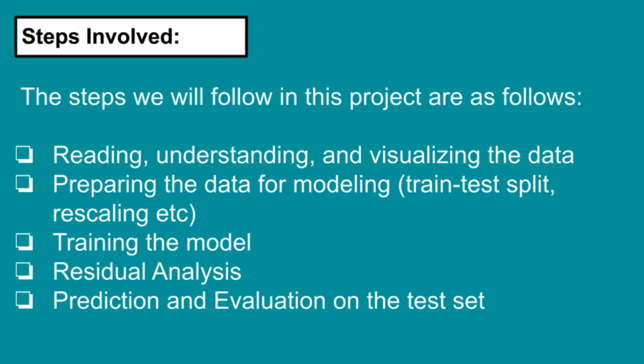Basically we'll split the data into train and test, and then we'll rescale the data to bring all the data into the same scale. And then we will train the model. In training the model, we will understand the different coefficients, and then we will go with the residual analysis, and then we will evaluate the model after doing the prediction. So let's start with the first step quickly.